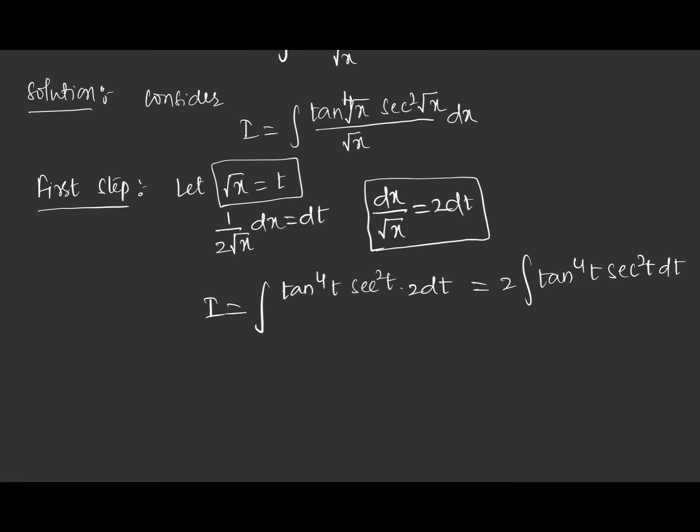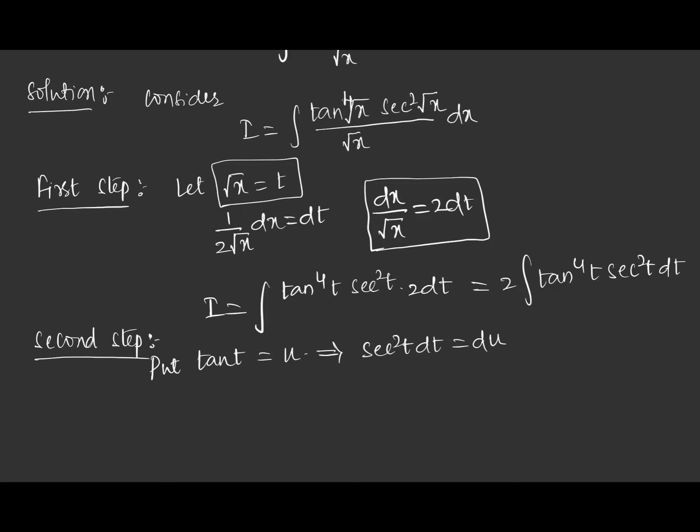Next, for the second step, consider the transformation tan t as u. So put tan t as u and differentiating this, tan t differentiation is secant square t into dt is equal to du.